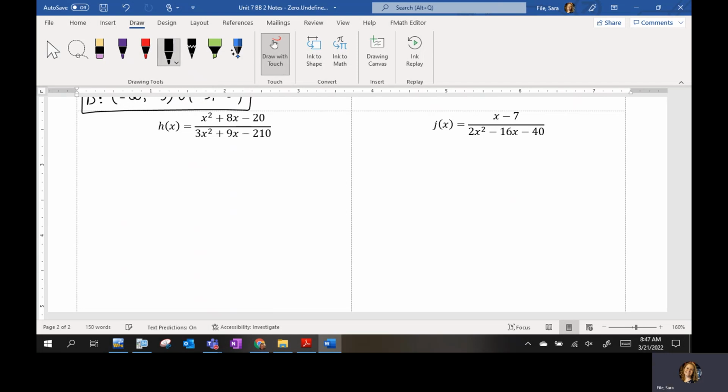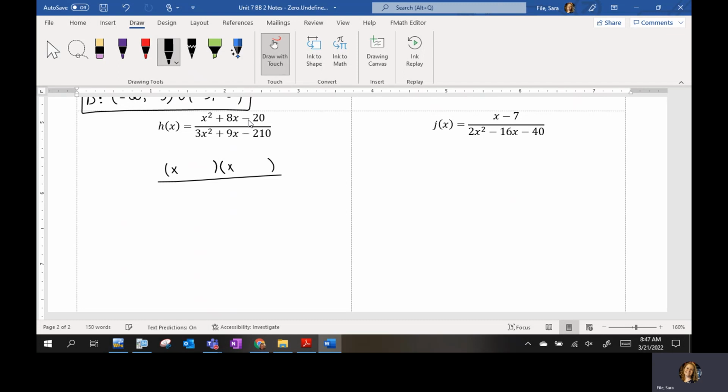If you want to do them separately, that's fine. I'll do the numerator. The numerator is easier to factor here because your A is an understood 1. So you just have to ask yourself, what are the factors of -20 that would add to 8? What multiplies to -20 but adds to 8?